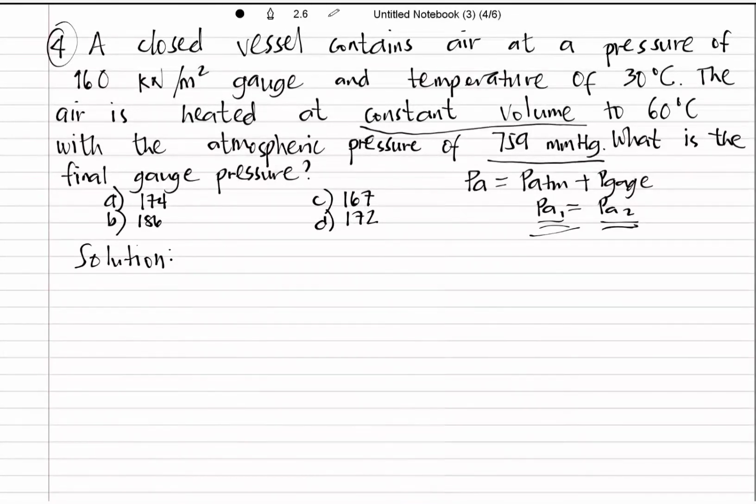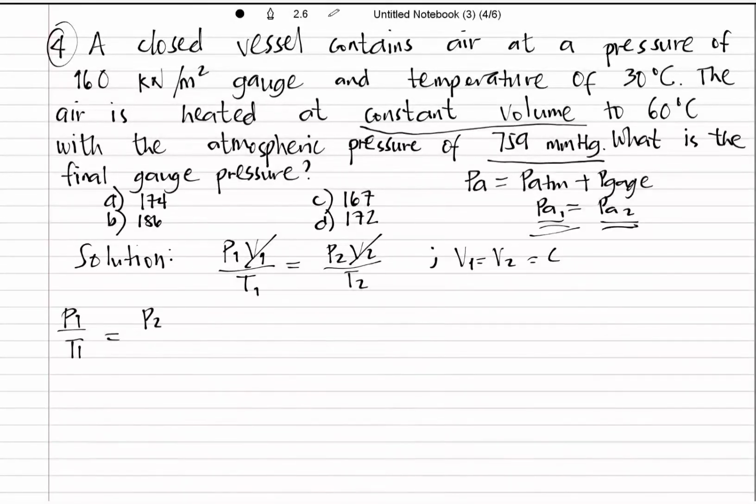Since constant volume, again, balik tayo sa ating relationships ng pressure, volume, and temperature. So P1 V1 over T1 is equals to P2 V2 over T2. V1 cancel out and V2 cancel out kasi constant volume nga tayo, so V1 equals V2 equals C. So matitira na lang sa'yo is P1 over T1 is equals to P2 over T2.